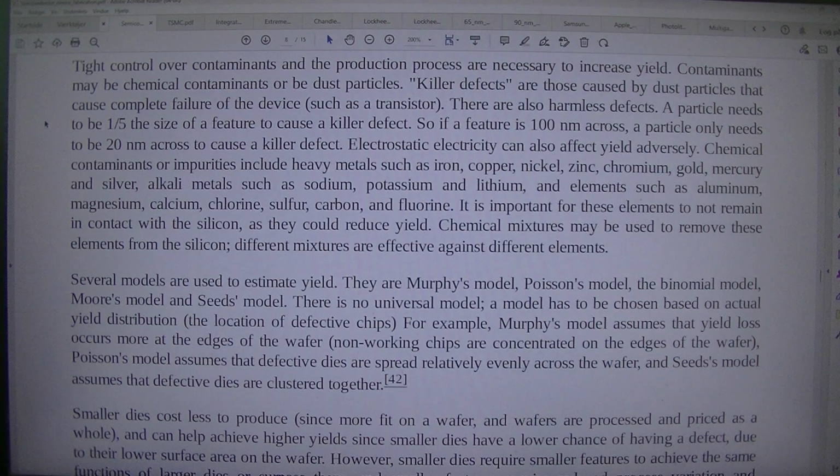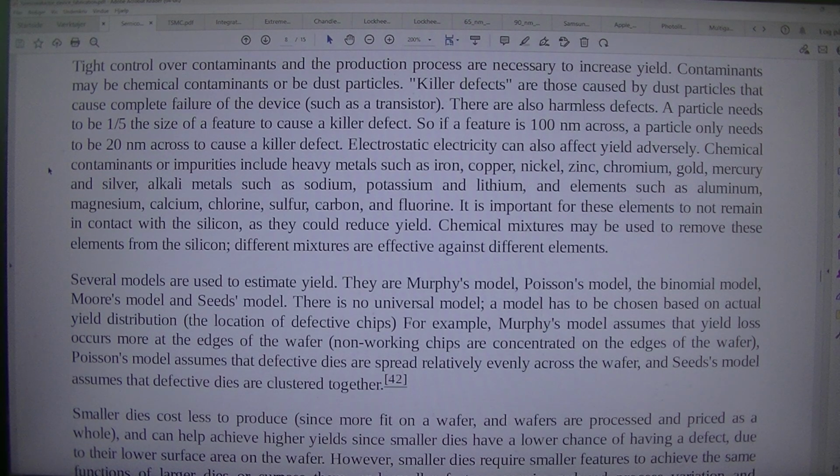There are also harmless defects. A particle needs to be 1/5 the size of a feature to cause a killer defect. So if a feature is 100 nm across, a particle only needs to be 20 nm across to cause a killer defect. Electrostatic electricity can also affect yield adversely.